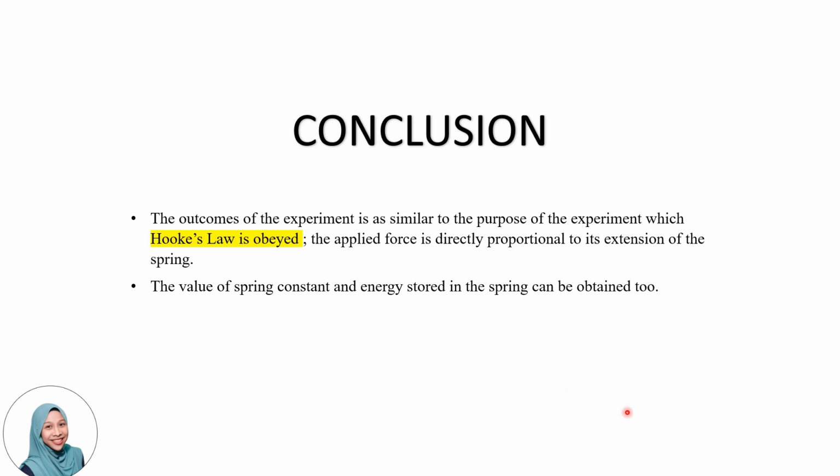As a conclusion, the outcome of this experiment is similar to the purpose of the experiment, which is that Hooke's law is obeyed. The applied force is directly proportional to the extension of the spring. The value of the spring constant and the energy stored in the spring can be obtained too by this experiment.